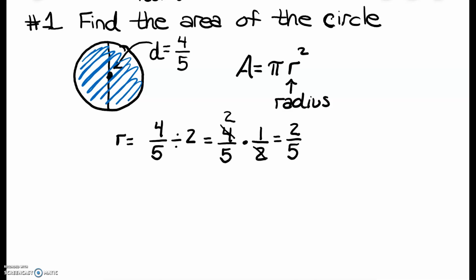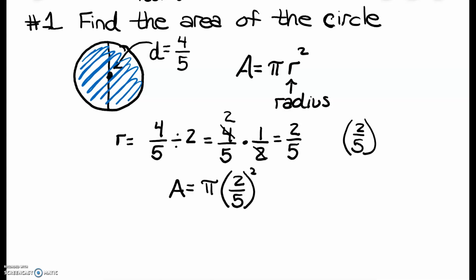So to calculate the area, you need to square 2/5. And remember, 2/5 squared means to multiply 2/5 by itself twice. When we multiply across the numerator and across the denominator, we get 4/25.